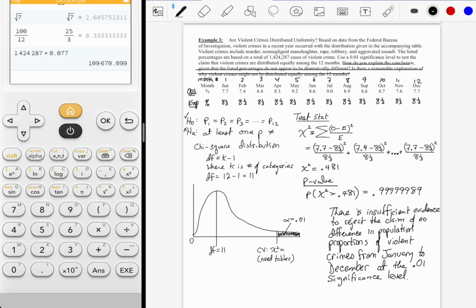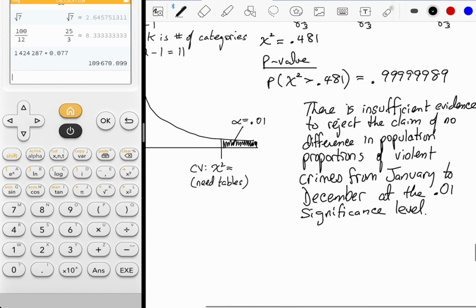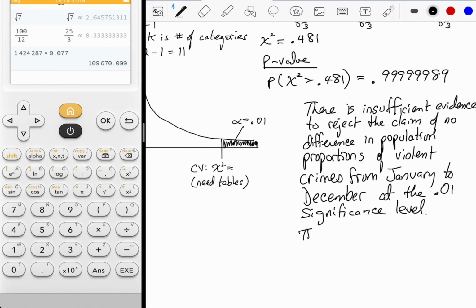We support the claim. Yeah, so I guess I could write that. You say ergo. You can try. How do you spell that? E-R-G-O. Yeah.